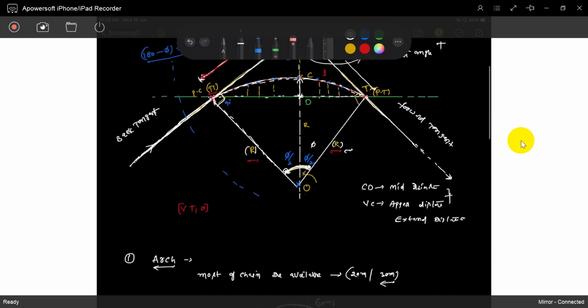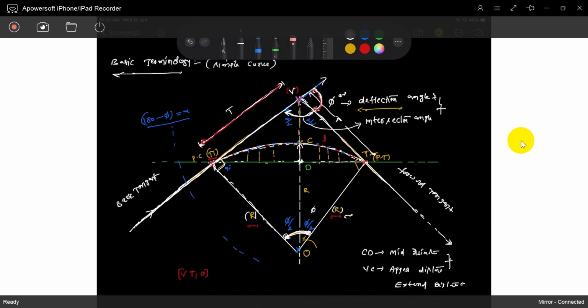If you take the other side, the right side of the triangle, V, T2 and O is also the same, a right-angled triangle. This is a right angle because this is a perpendicular line and this is a tangent. This angle is also phi by 2.